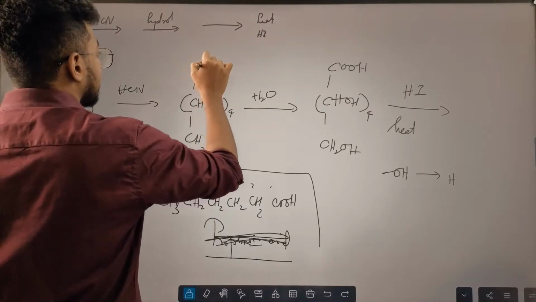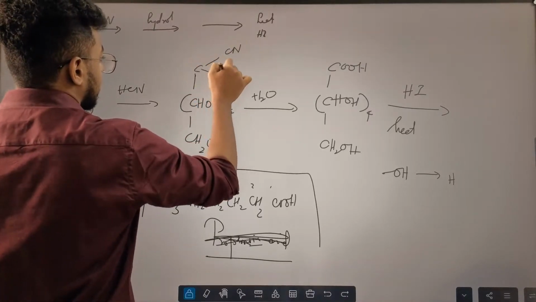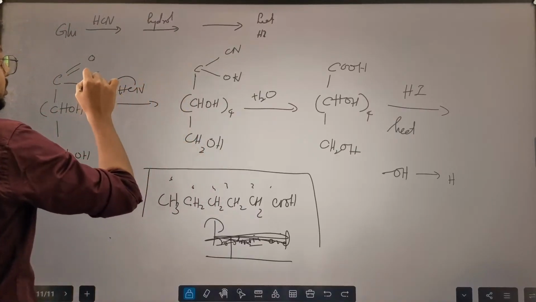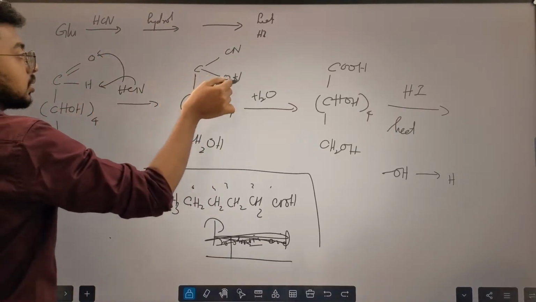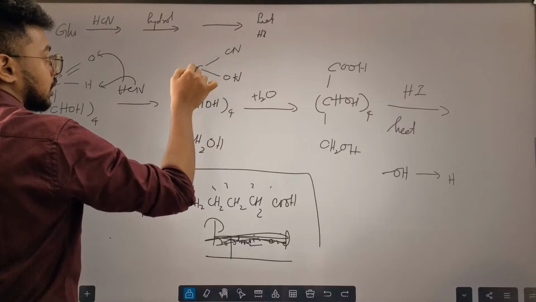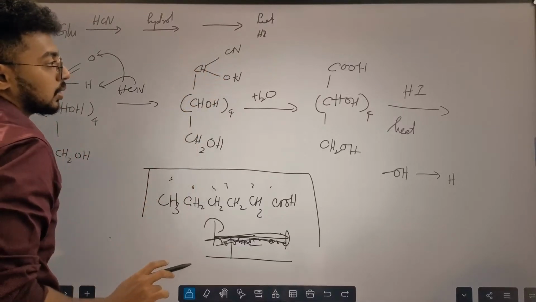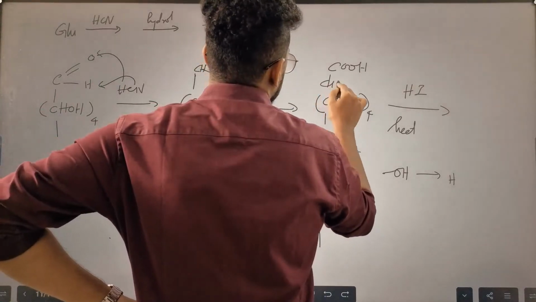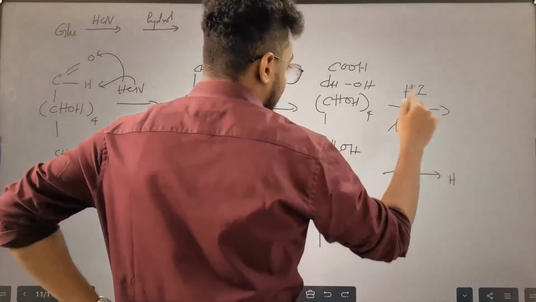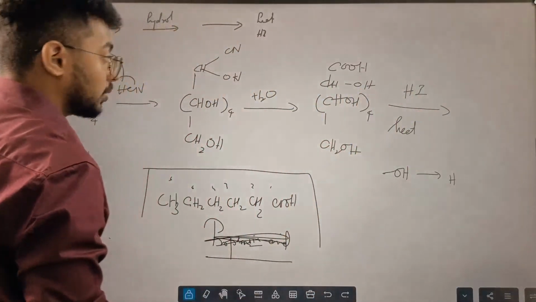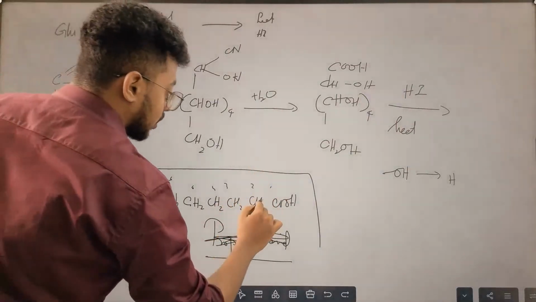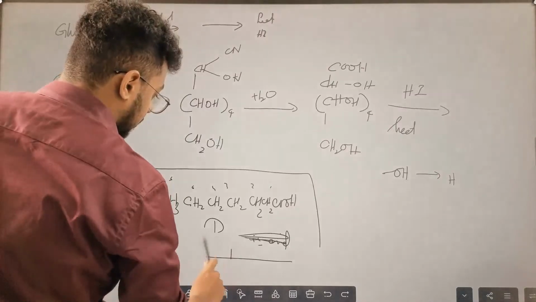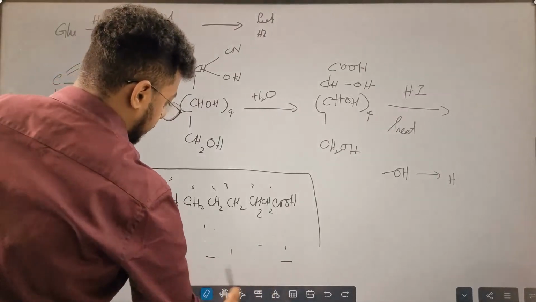So here we get CN and you get OH, right? The CN goes here, H will go here. So here we got the other CH and OH. Now this OH is converted. So here again you get CH2. So this is heptanoic acid.